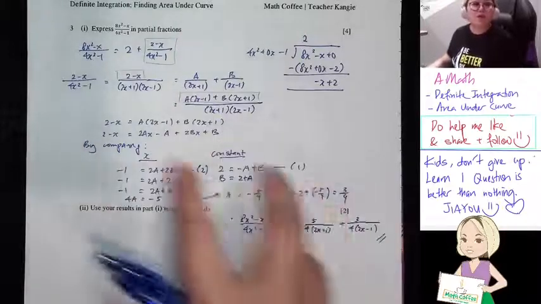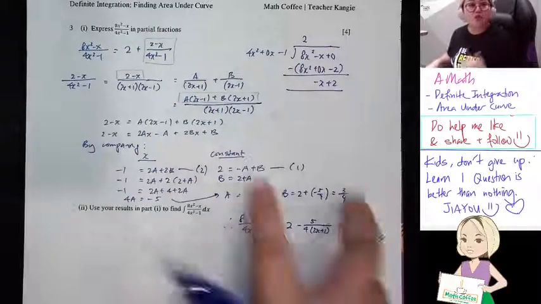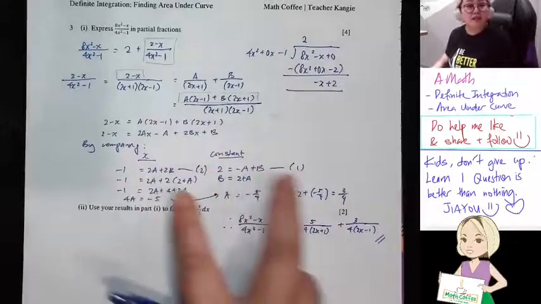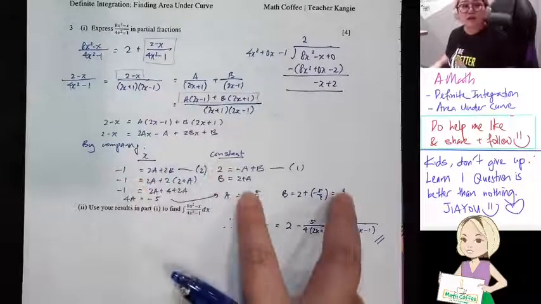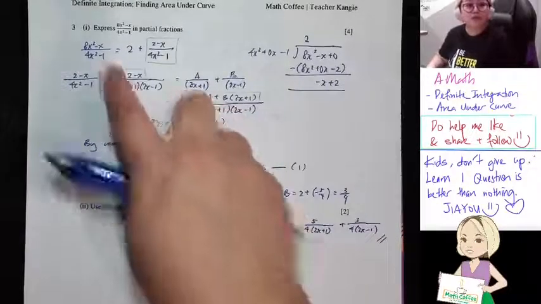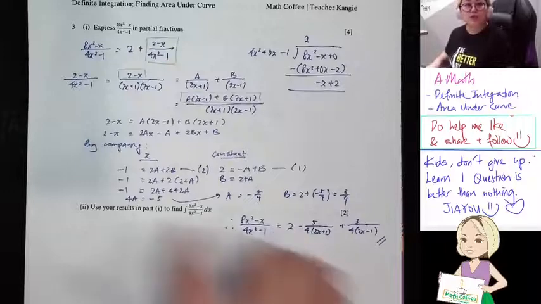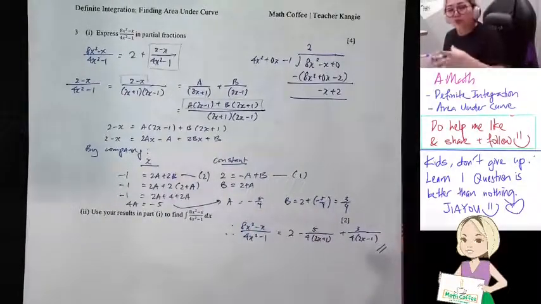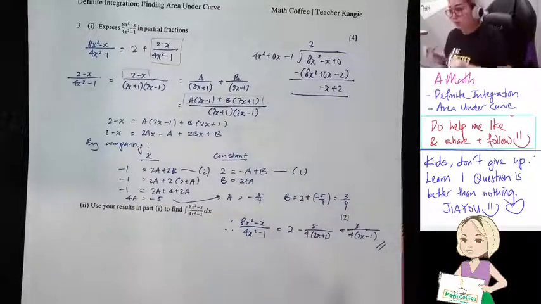But don't worry, if you get fractions, you just need to double check and see that you didn't make any mistake. And if you didn't make any mistake, then this is correct. Then the next mistake is students forget to pull back the 2. Okay, so this is one question which is very good to test your knowledge about partial fraction.